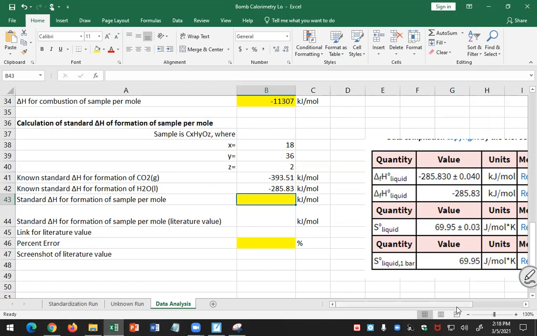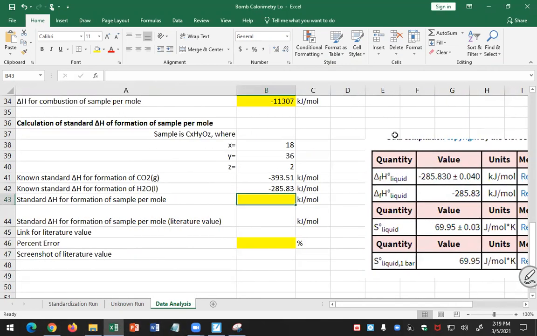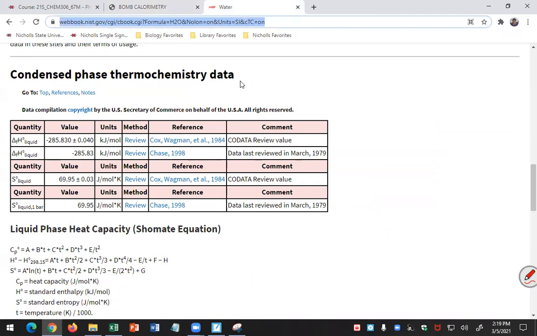This one doesn't say, but if you want, you can put the reference link there. I'll know if it's water based on the numbers. If you want to remind yourself where you got it from, you can put the link.